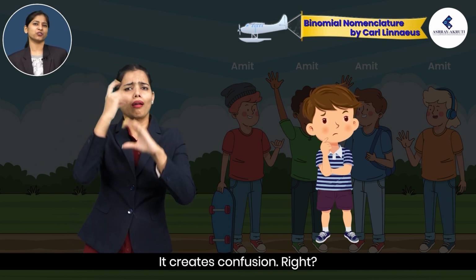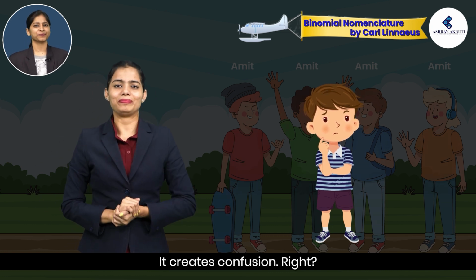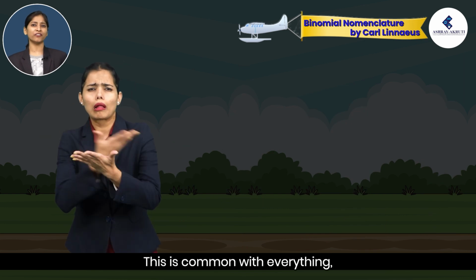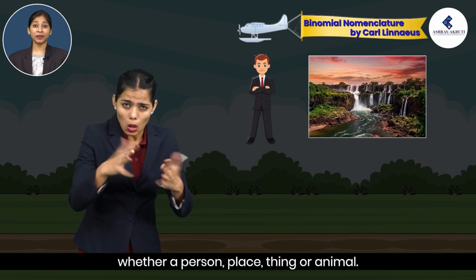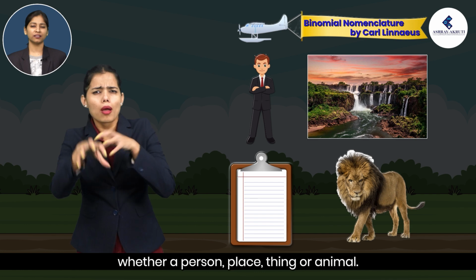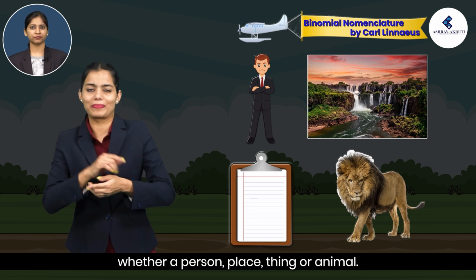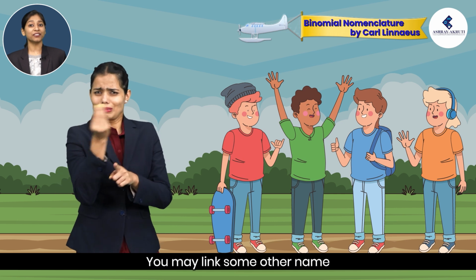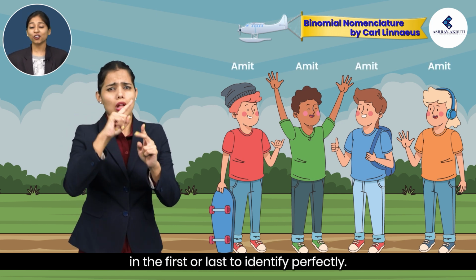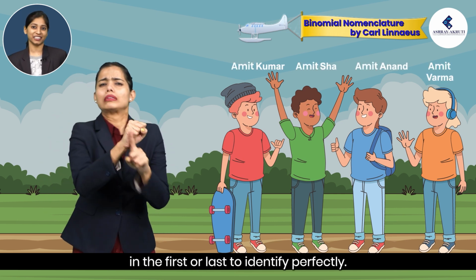It creates confusion, right? This is common with everything, whether a person, place, thing, or animal. You may add some other name in the first or last to identify perfectly.